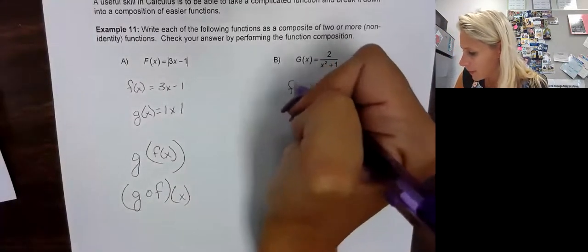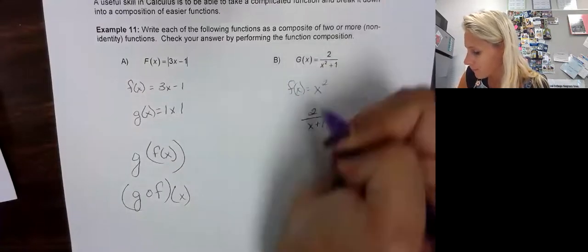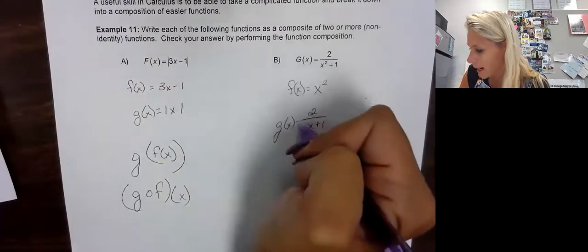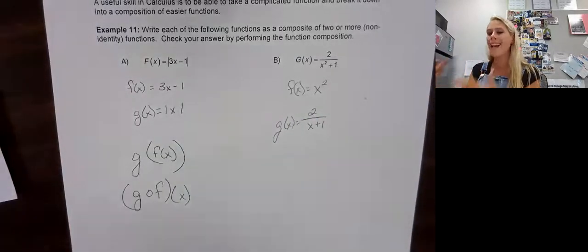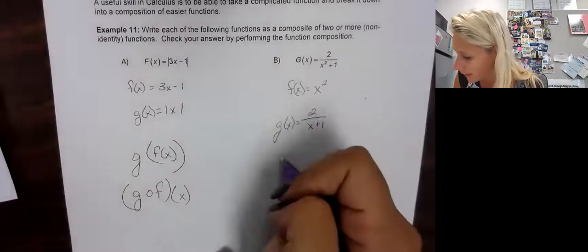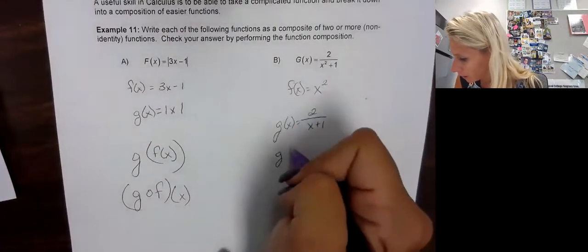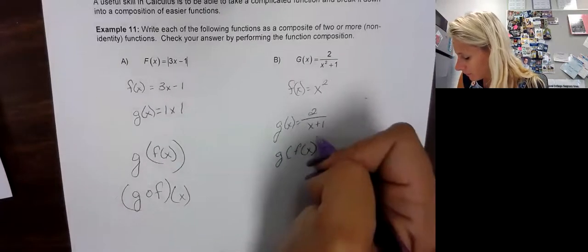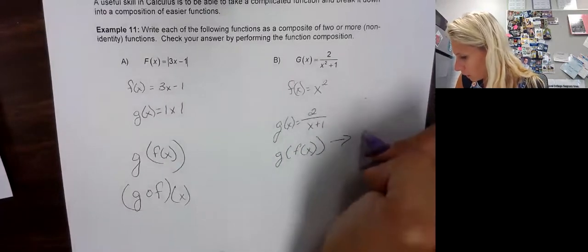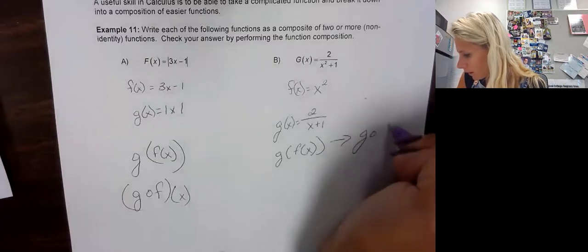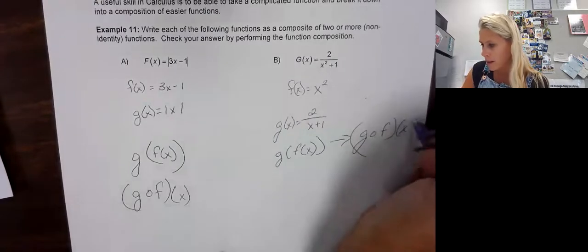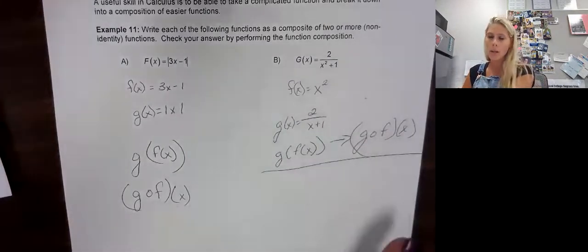So if I name this f of x, and I name this g of x, what did I put into one? I put the x squared into the rational. So this would be g of f of x again. Now, there's another way I can do it.